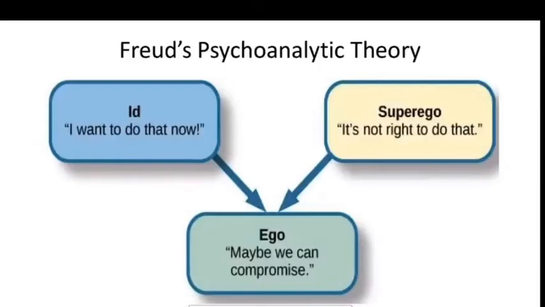The ego would say to the id, wait, we can't do that. And the ego would also tell the superego, no, you can also do that. We should find a balance. Your ego would always be the balance between the id and the superego. So that, according to Freud, are the 3 things that would rule our decisions in life. Okay, these are all part of our consciousness.